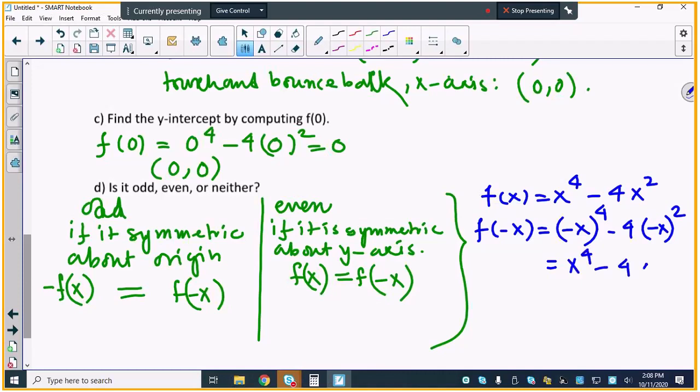Then minus 4 times the same thing, even power of negative number is positive. So what I found out, f of negative x is f of x. Changing the input from positive to negative did not change the outputs. I still have the same output, they're equal to each other. So this function is actually an even function, or symmetry about the y-axis. All right.